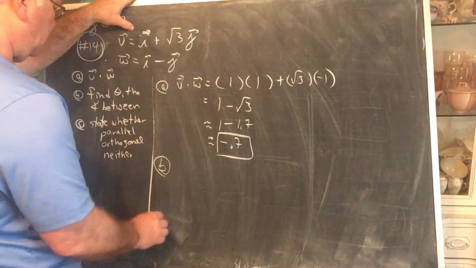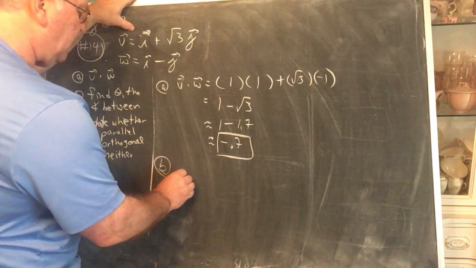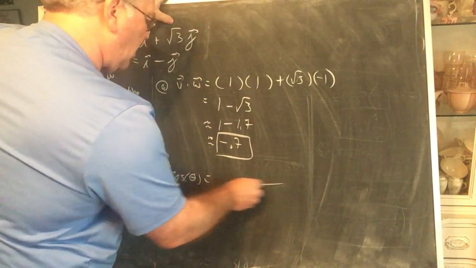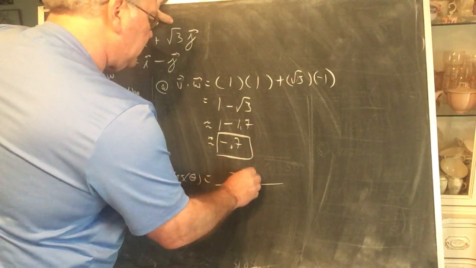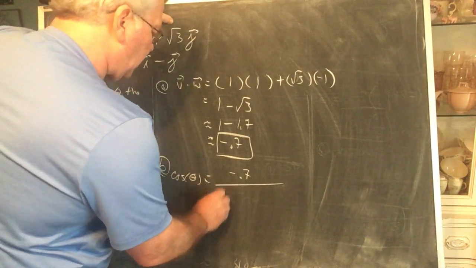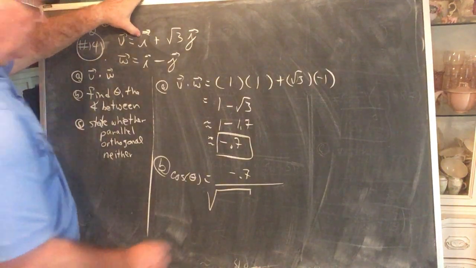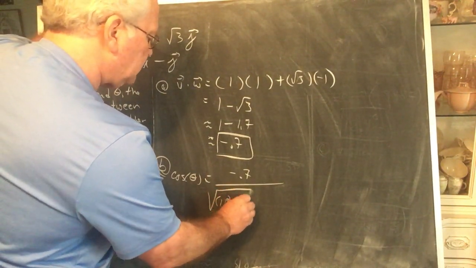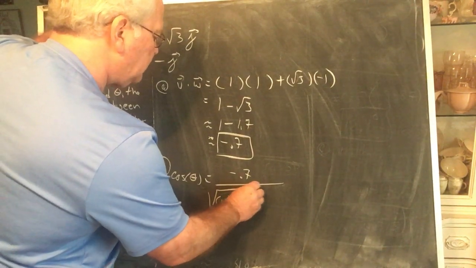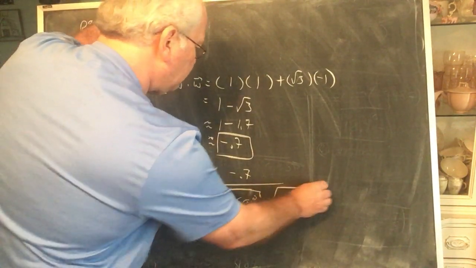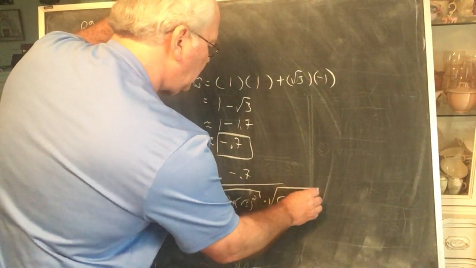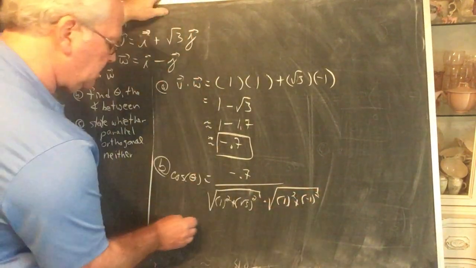Part B, cosine theta is the dot product, which we know already, negative 0.7. Then I need the product of the magnitudes, so that needs to be the square root of 1 squared plus the square root of 3 squared, times the square root of 1 squared plus negative 1 squared. So what do we get out of that?